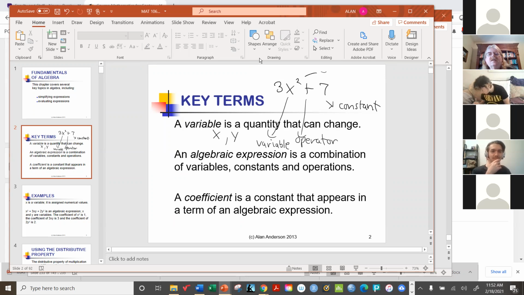I have an exponent, and I have a coefficient. Okay, and so I got them all in there, didn't I? And that's what we'll refer to from now on as either an expression or an algebraic expression.